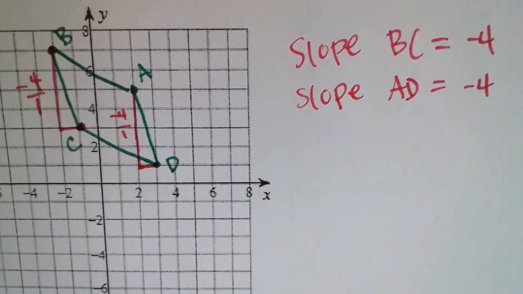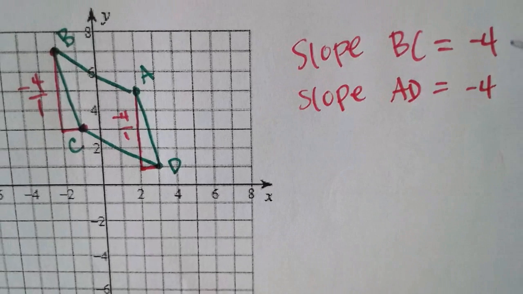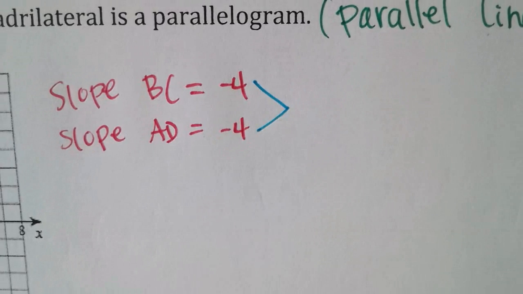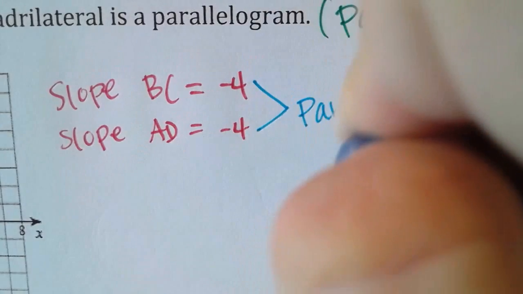So the slope of AD is also -4. We showed right here that these slopes are equal, which means those lines have to be what? Parallel.